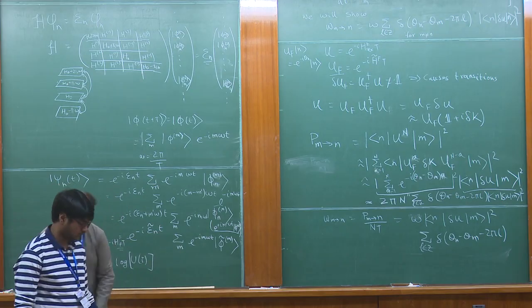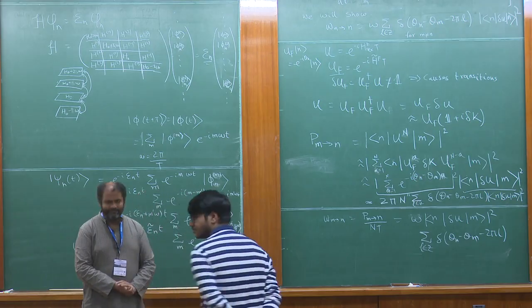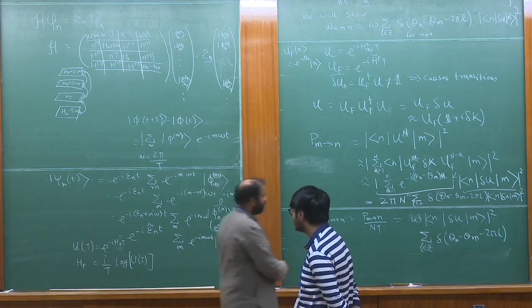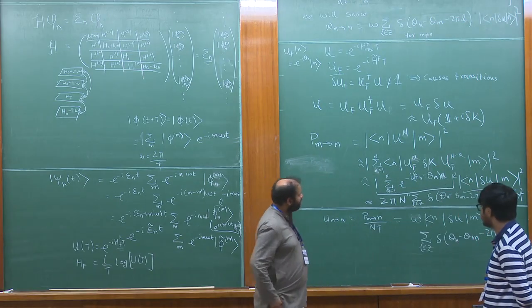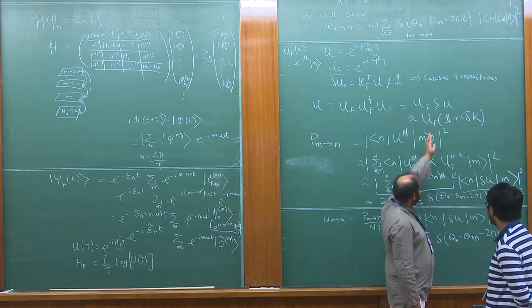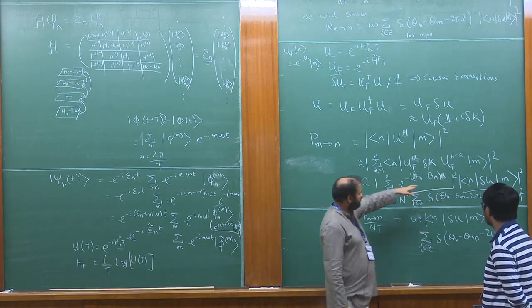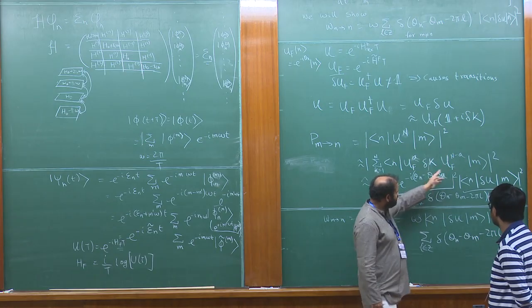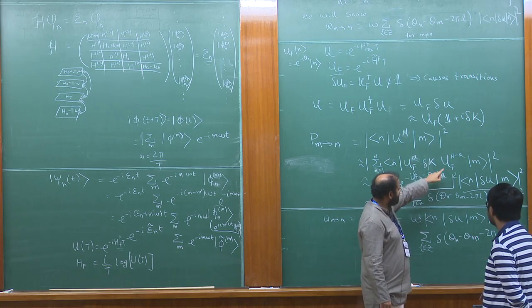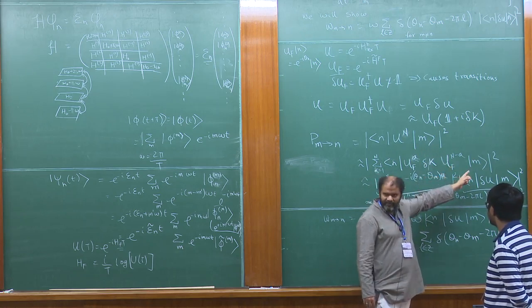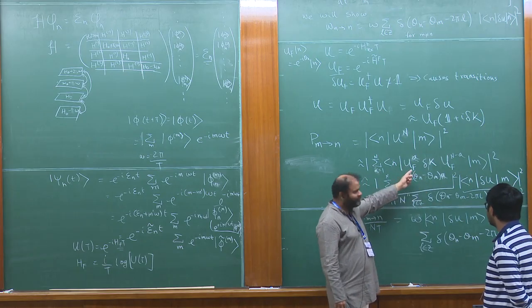Just technical. Yes, please. How did that delta K become delta U? This one, right? So here what we are doing is the following: when I'm counting this thing here, I have a UF to the power n minus a here, and I have this UF to the power a here.